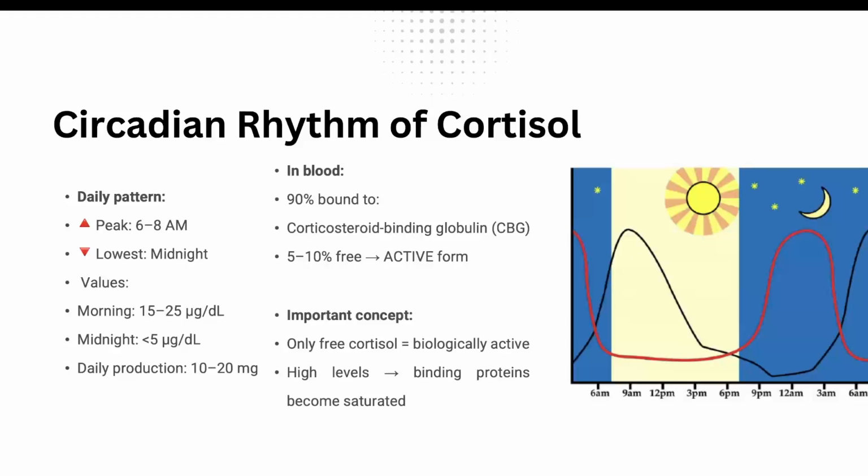So the circadian rhythm of cortisol is very important, since it gives us information about when the cortisol is very high and when the cortisol is at the trough. Accordingly, we understand that the cortisol level is at its maximum concentration in the morning, and at its lowest concentration at midnight.